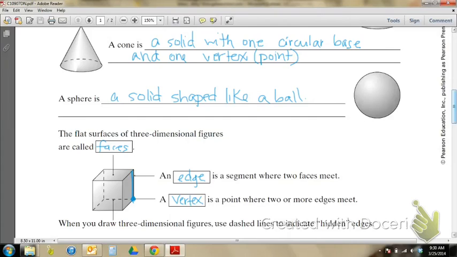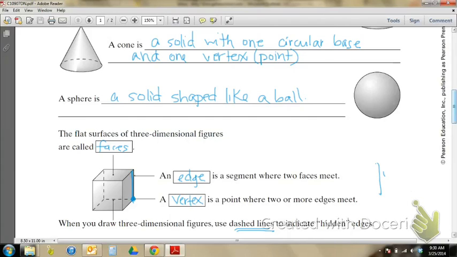And when you draw a three-dimensional figure, you use dashed lines to indicate hidden edges. So I know a lot of people like to draw cubes like this, right? But that's not how we actually draw cubes, because you need your lines to be dashed.